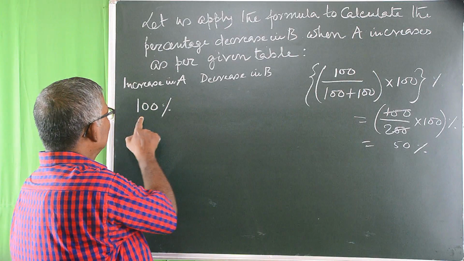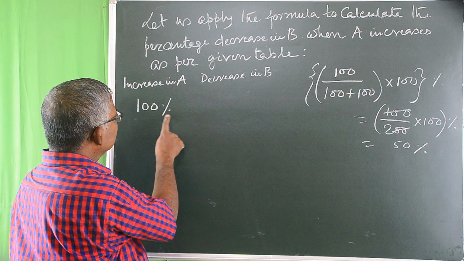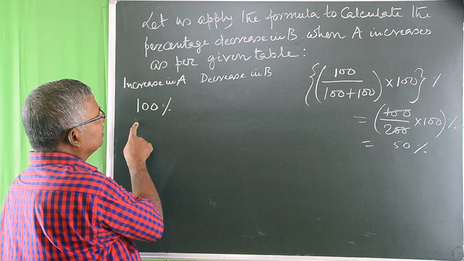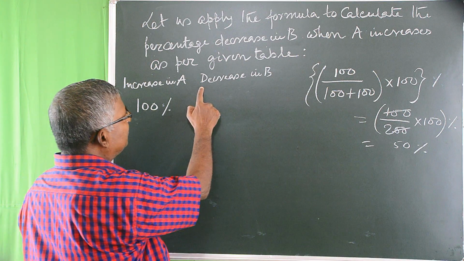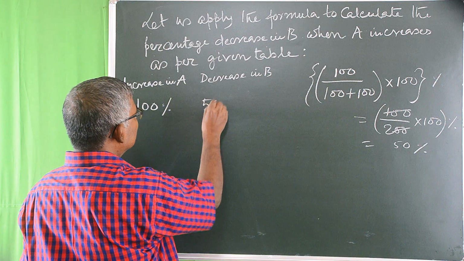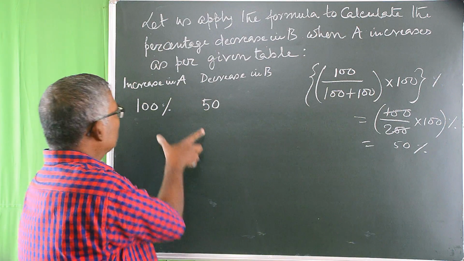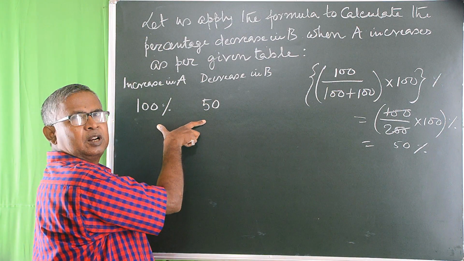So we get, if A increases by 100%, then we have to decrease the value of B by 50% so that their product remains stable.